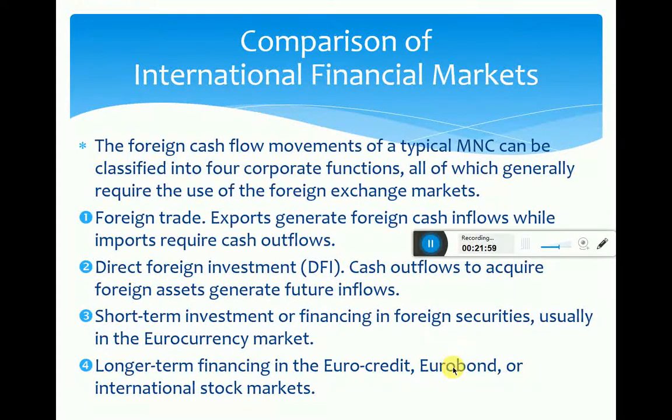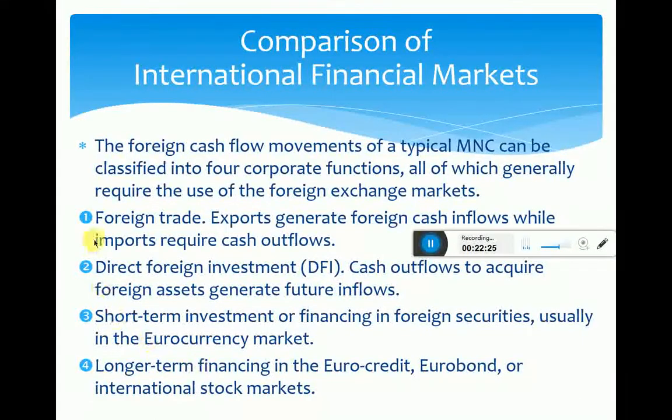So for a longer period of time, it's the inflow for them. If they purchase euro bonds on the euro bond market, it's the outflow of cash for them. Similarly, if they issue stock, they generate money, it's inflow of money for them. It's on the stock market. But when they purchase back the stocks from the investors, that becomes the outflow, and that is also on the stock market.